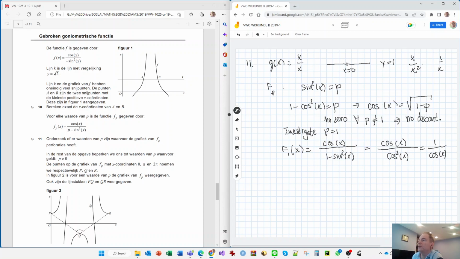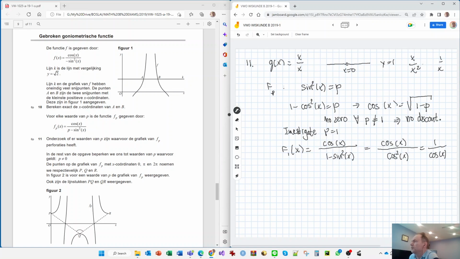So does this function f_1 have a discontinuity? No. This is actually a continuous function, except when this cosine x gets 0. But if that happens, the limit goes to infinity or doesn't exist.